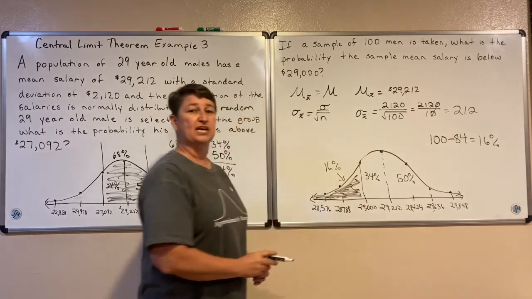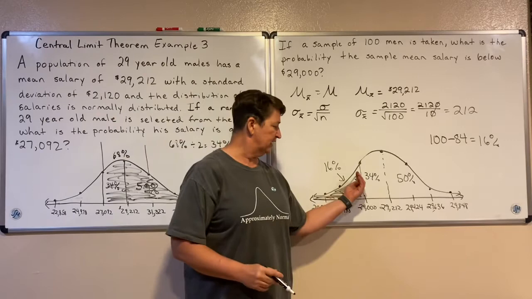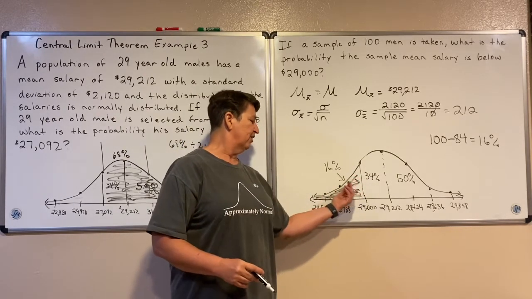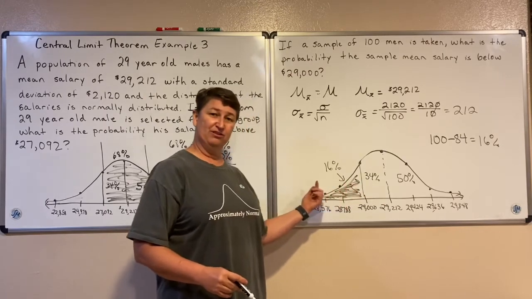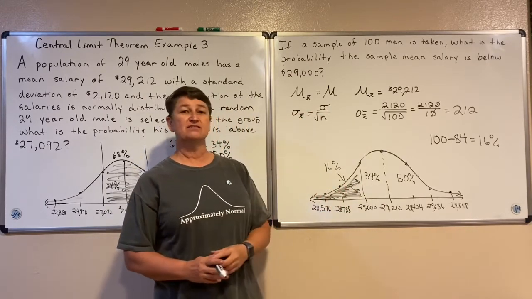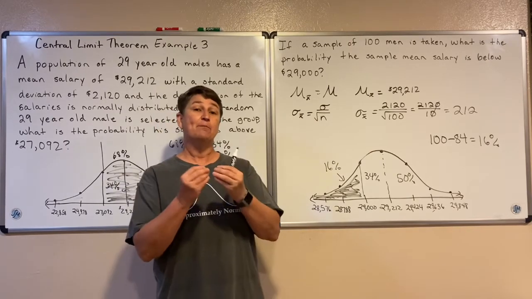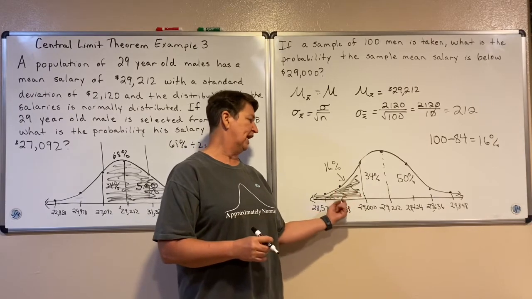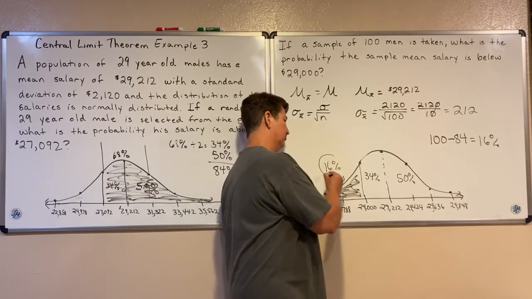So there's 16% of my data, or 16% of the curve, the area under the curve, lies within this portion. So the probability that we get a sample mean salary below 29,000 is 16%.